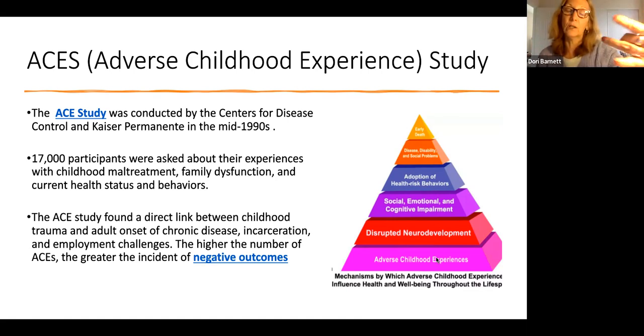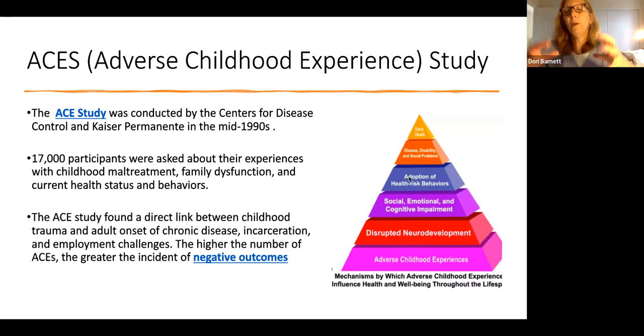Those adults who reported more than 5 or 6 adverse childhood experiences also displayed a higher incidence of impairments such as neurotypical development, like learning disabilities, social, emotional, and cognitive impairments.